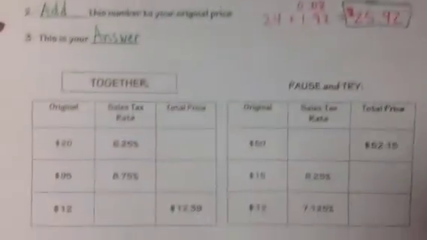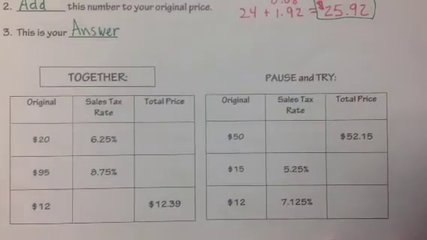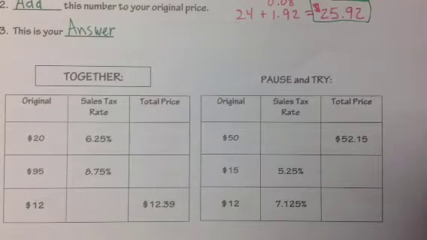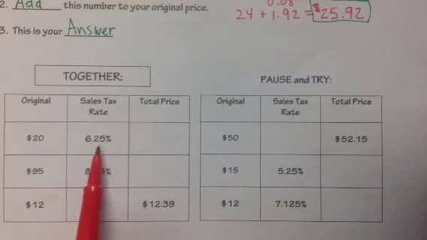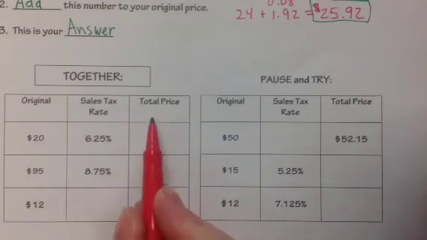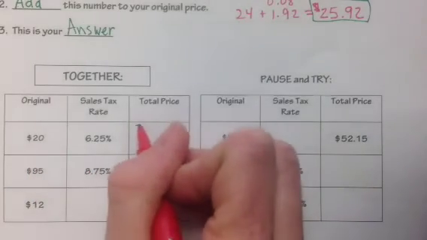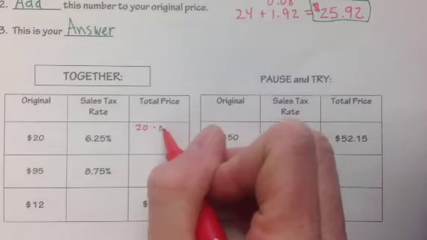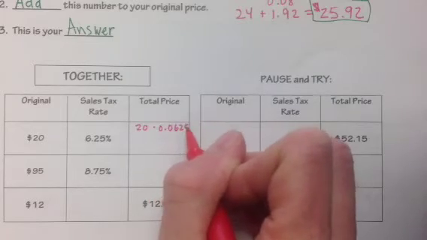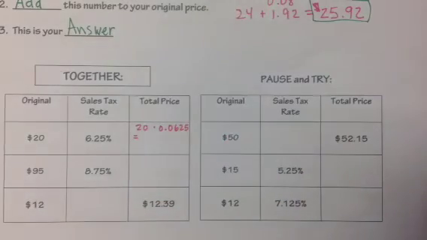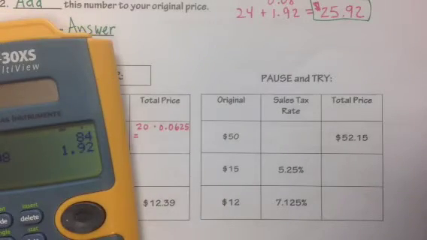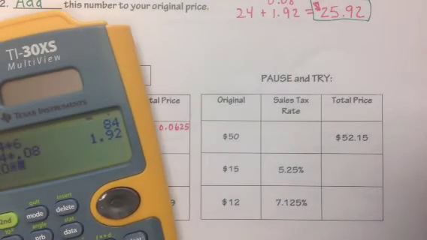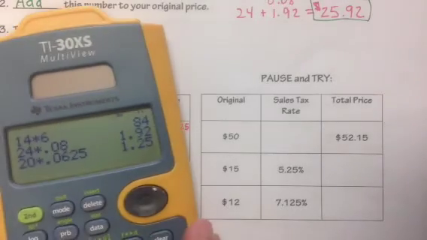All right, let's go down here to our togethers, and then I'll let you pause and try these ones on your own. Here we have the original amount of $20. The sales rate or tax is 6.25%, and so to get the total price, I take my 20 times, I'm going to change it to a decimal, 0.0625, and that's going to equal my $1.25.